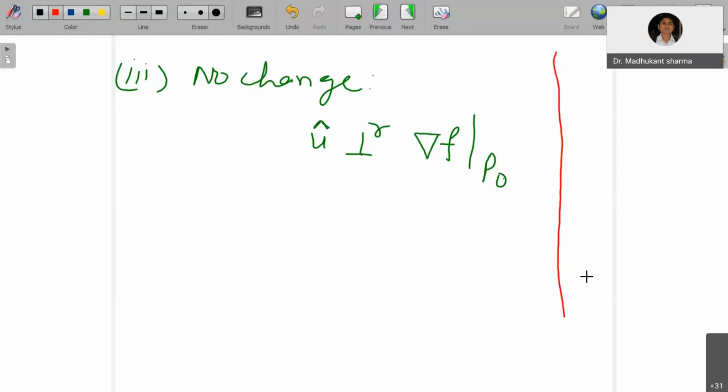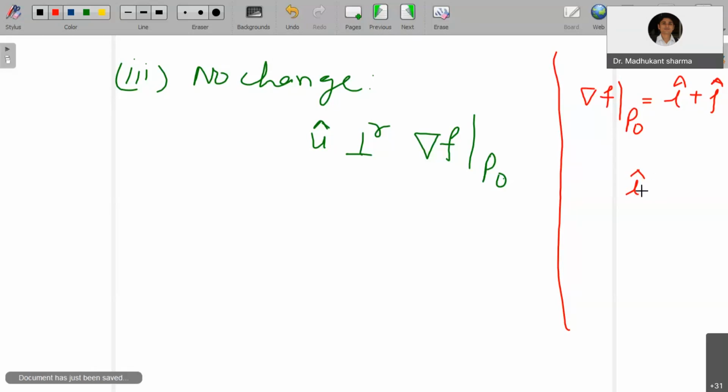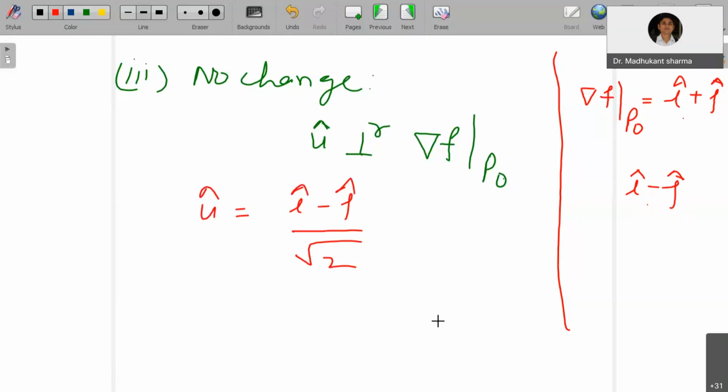If you recall, grad f at p naught is equal to i + j. So you can identify any vector which is orthogonal to this. So i - j, you see the dot product of this with this is going to be 0. So this unit vector u is going to be (i - j) by square root of 2. Any scalar multiple of this will also work.